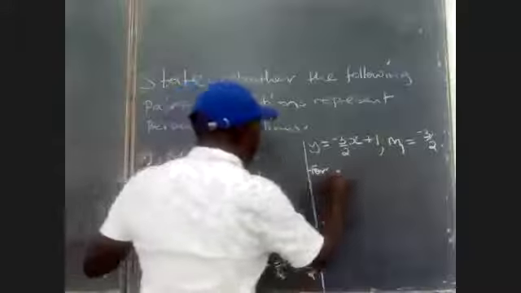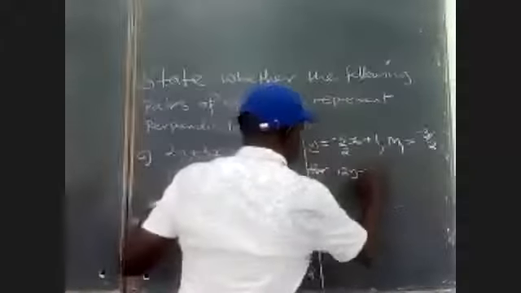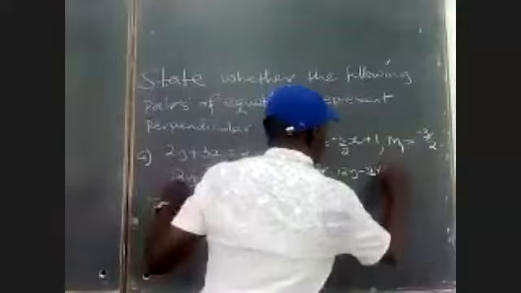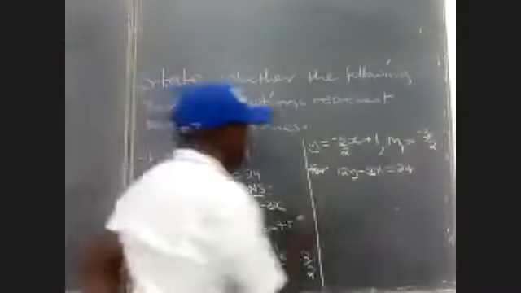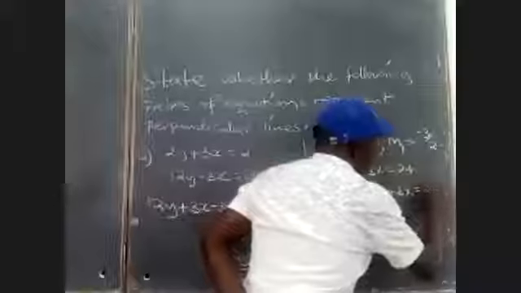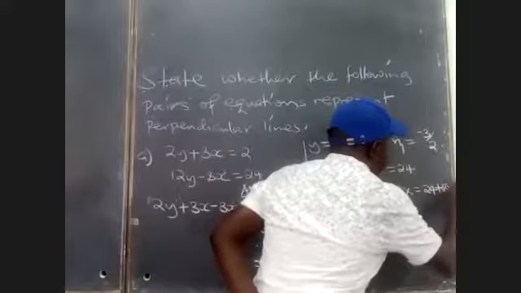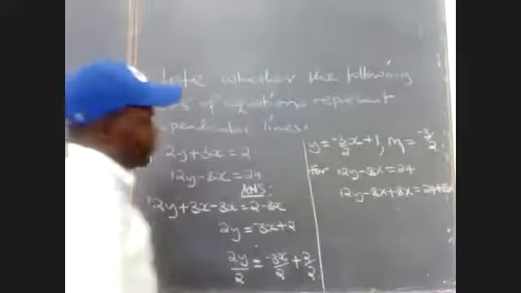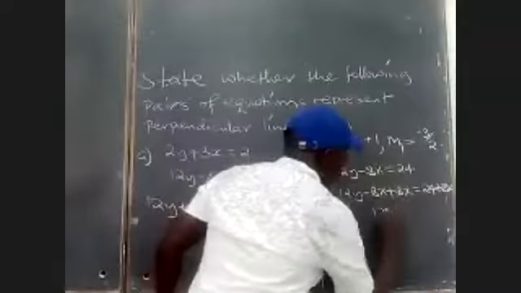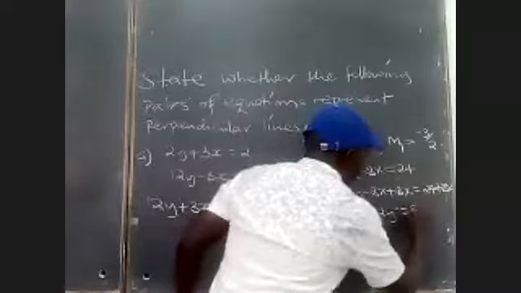Then for the second equation, we have 12y minus 8x plus 8x is equal to 24 plus 8x. 12y is equal to 8x plus 24.